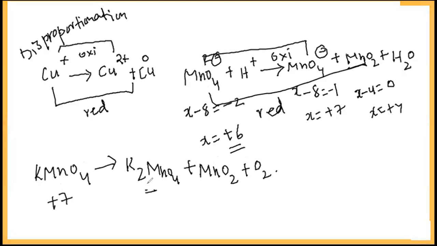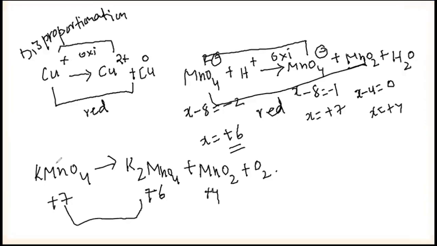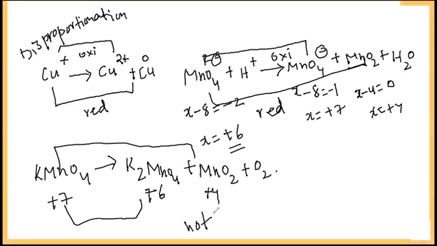Here it is plus 6, here it is plus 4. Plus 7 to plus 6 is a decrease, plus 7 to plus 4 is a decrease. Then it is not a disproportionation reaction.